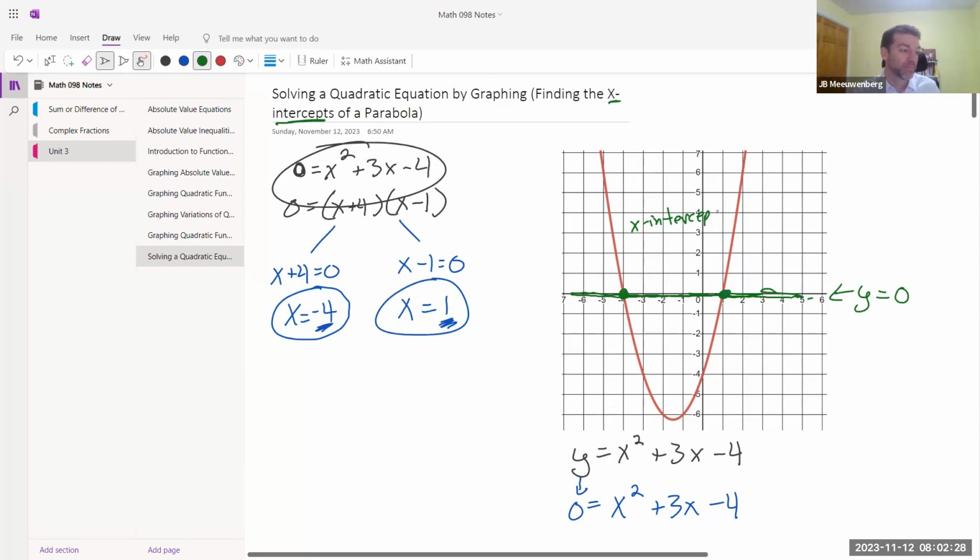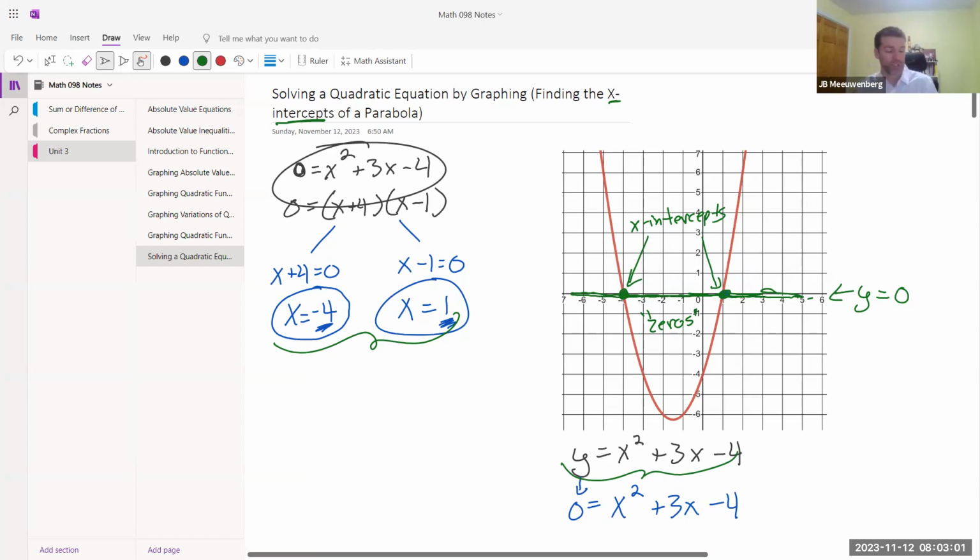Those are going to be the solutions to our quadratic equation when it's equal to 0. We also often call these points the zeros of the equation. All right. So these two ideas are connected. Things that we've talked about before, factoring and solving, and then graphing it and seeing where its x-intercepts are. Let's take a look at a couple other ones.